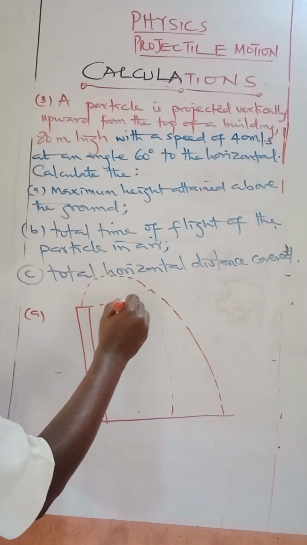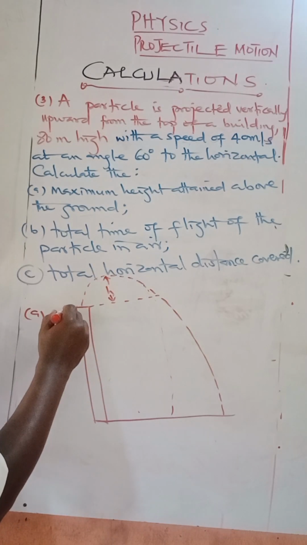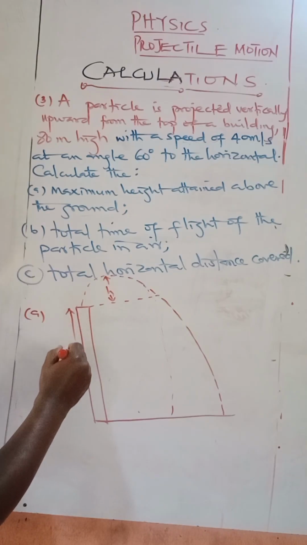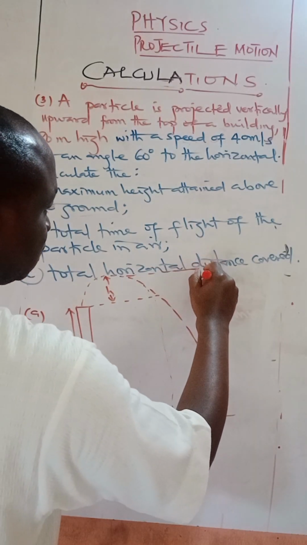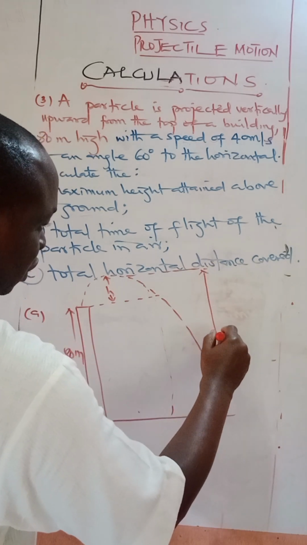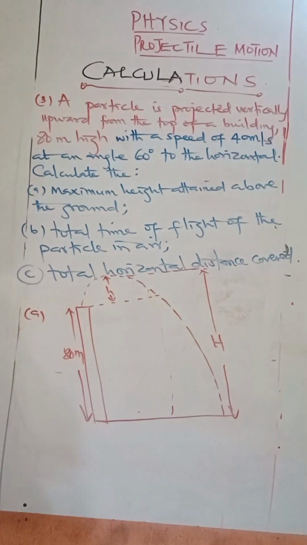So you use your formula to calculate this h. Then we have the height of the building is going to be 80 meters already. So the maximum height of the particle above the ground, as capital H, will be from here to here. That is what we are going to do.